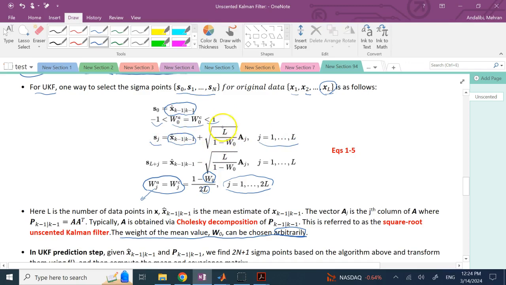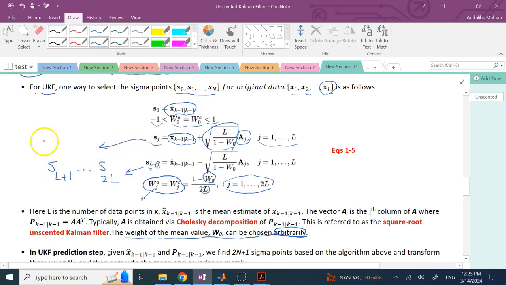Plus square root of L over 1 minus W naught times Aj. And then, if you see here, they are all added with some L. So from L plus 1, here is from S of L plus 1 all the way to S of 2L.